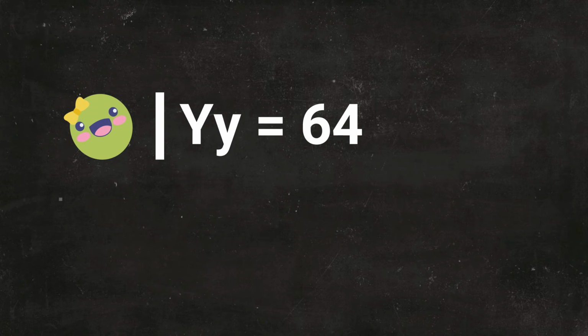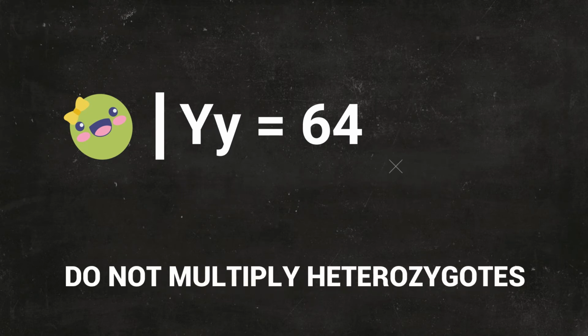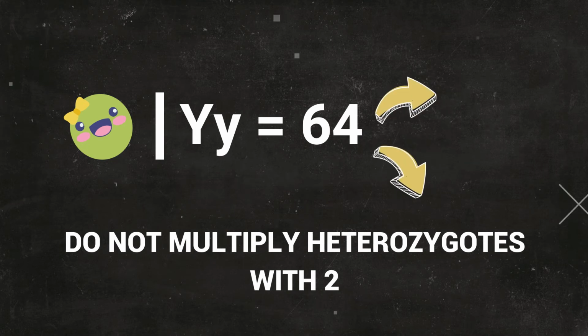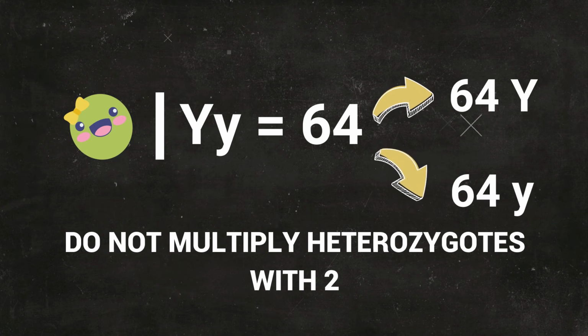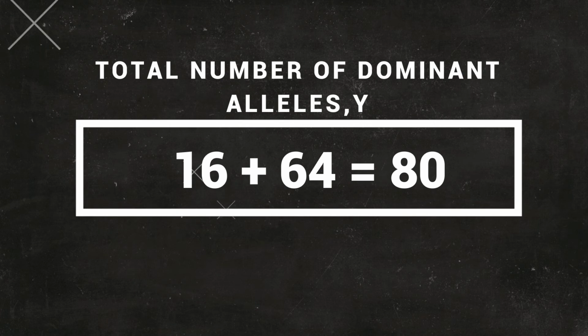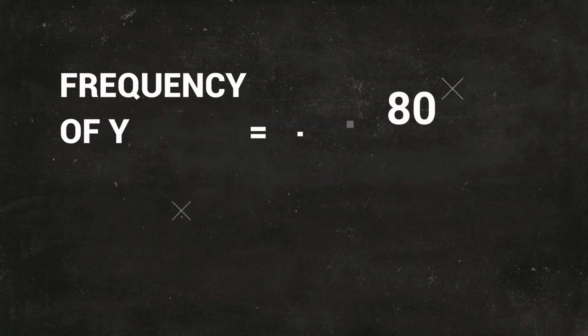Therefore, you should always remember not to multiply the heterozygotes by 2. For the allele frequency of big Y, we are only concerned with the dominant allele. In other words, the 64 heterozygotes indicate that there are 64 dominant alleles and 64 recessive alleles. To get the frequency of the dominant allele, just add 16 to 64 and you will get 80. Then divide 80 by 400 and you will get 0.2.